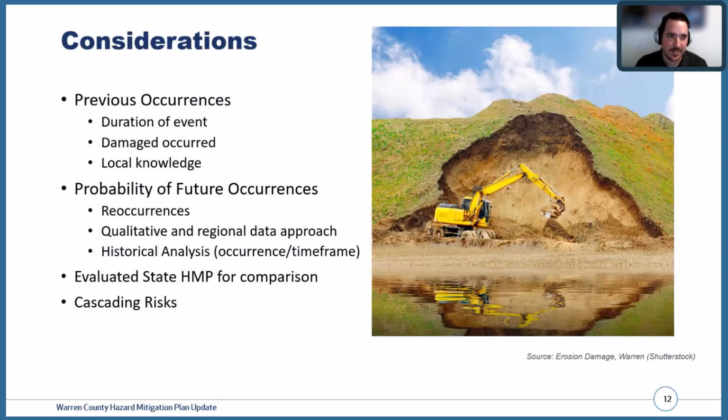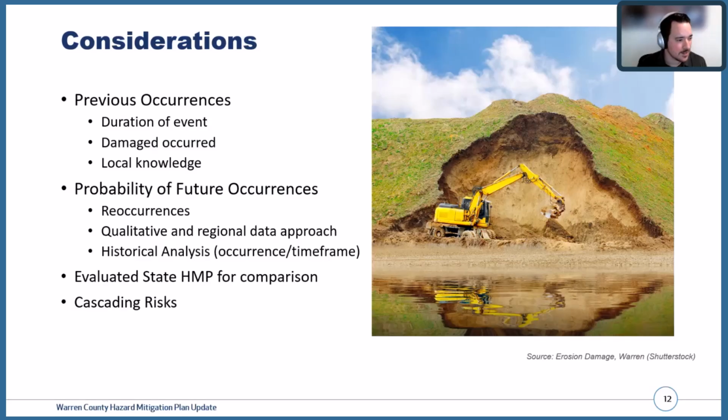And then the cascading risks. These are things you have to think about: okay, there's no homes in this area, but if a road is damaged and that creates reduced access to the neighboring community for, say, an ambulance or fire department to approach, it's not just the exact damage of that hazard or risk, but what cascading impacts that could have.